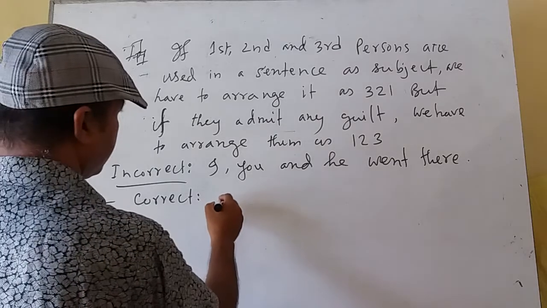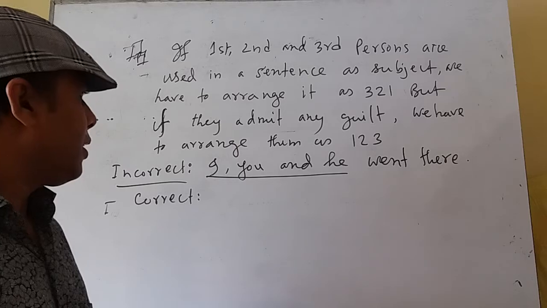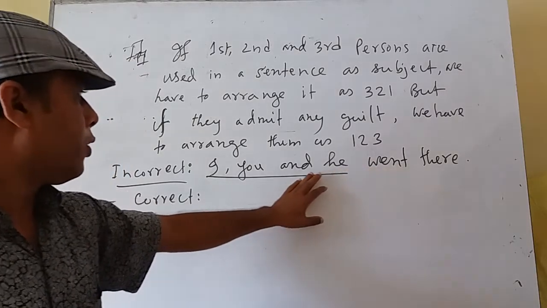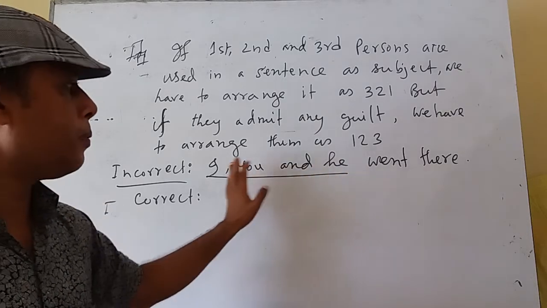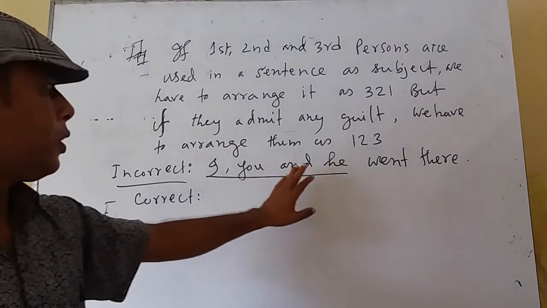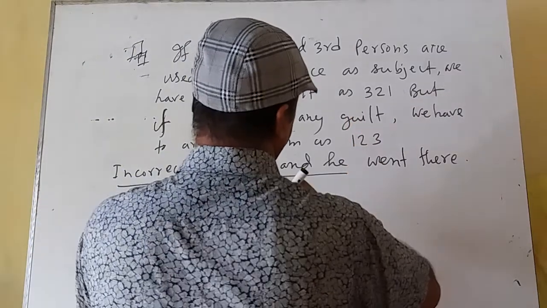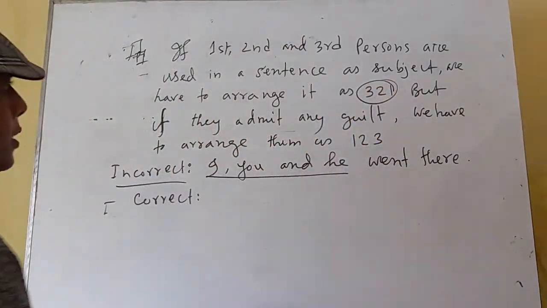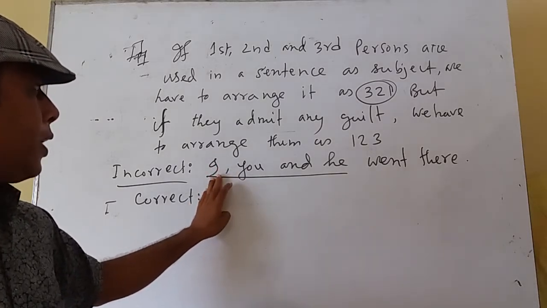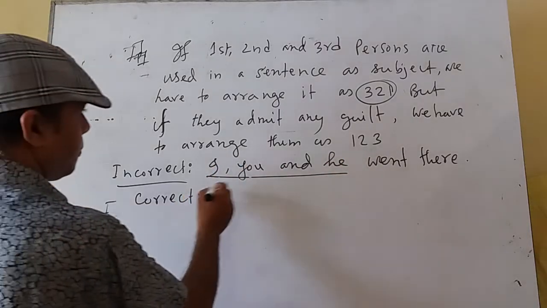Here we are finding that there is no recognition of a guilt. It is simple. There is no admittance of guilt. So we have to use third person first, second person, then first person. But we are finding that first person has been used first, then second person, and then third person. But it will not be so.